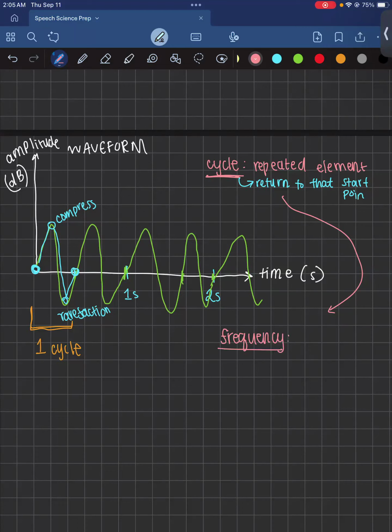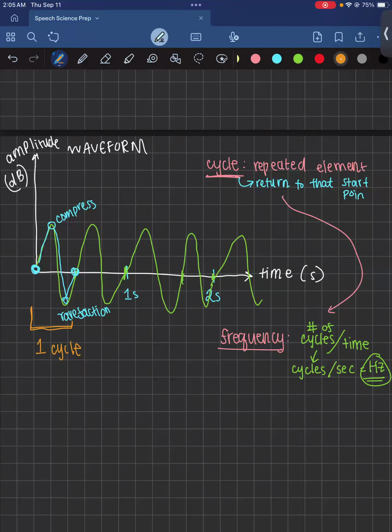So frequency is essentially how many cycles do we have in a unit of time? And usually the unit will be cycles per second, which is what we call hertz. So anytime you see hertz, you should immediately think frequency, and you should also understand what that frequency is representing.